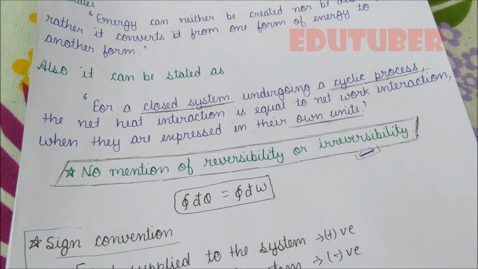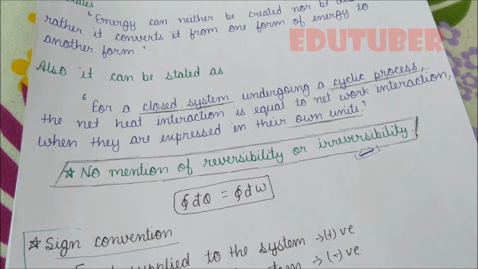It can be applicable for reversible as well as irreversible processes. For a closed system undergoing a cyclic process, this much is written in the first law. No mention of reversibility. So if he asks whether the first law is valid for reversible, irreversible, or both, you would say it is applicable for both.